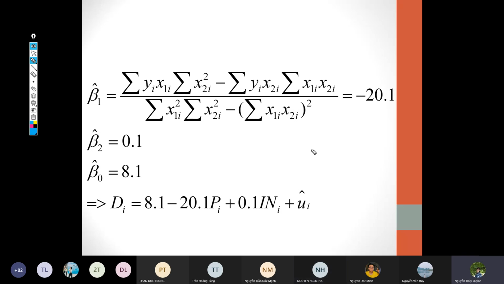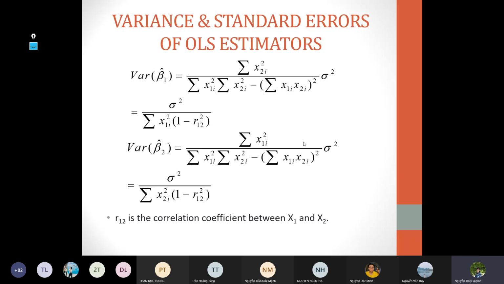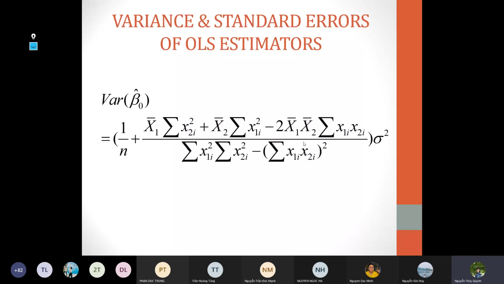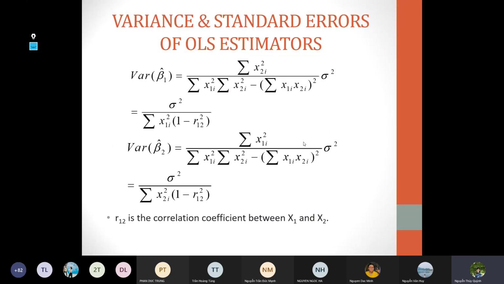The formula for the variance and the standard error of the OLS estimator is here. This is the variance of the intercept beta 0 hat, and this is the variance of the slopes beta 1 hat and beta 2 hat. Now look at these formulas.